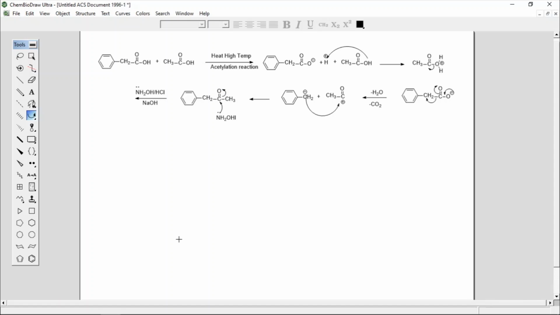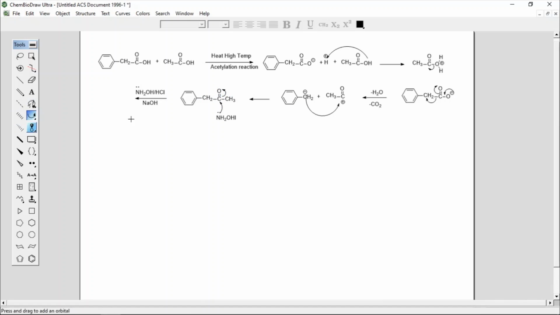So there will be a negative charge on oxygen, because the oxygen already has two lone pairs, and again this electron pair will shift onto oxygen, so it has a total of 6 electrons. So that's why we are writing a negative charge.